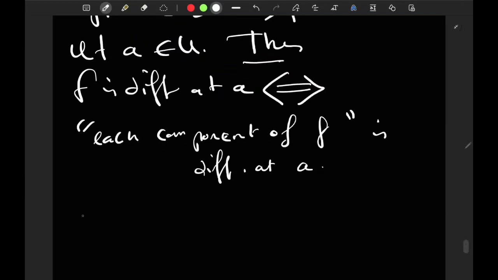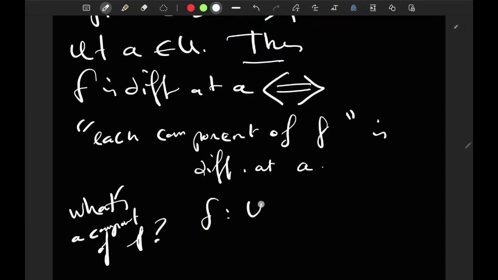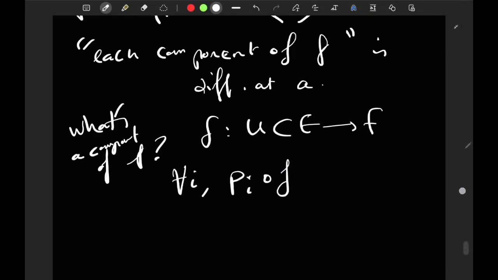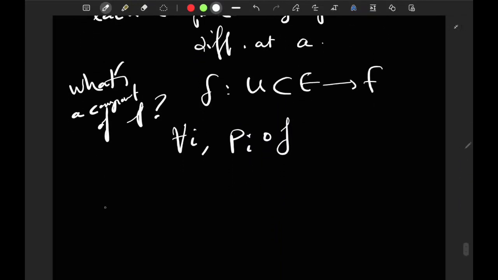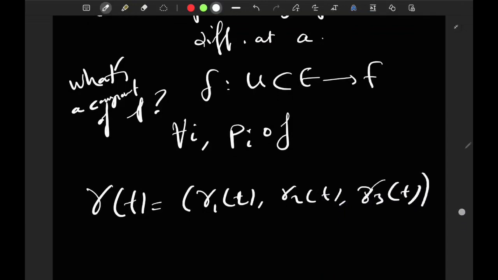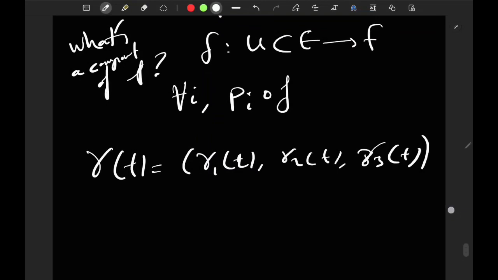These two are equivalent; that's what I want to prove. What's a component of f? Since f is going from E into F, which is the product of the F_i's, for each i I can look at the projection p_i ∘ f. What's this representing? Suppose you have a function gamma of t equal to (gamma1 of t, gamma2 of t, gamma3 of t), some position vector, and you're doing vector calculus.